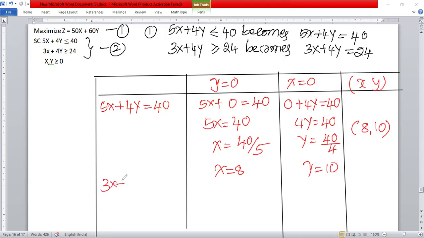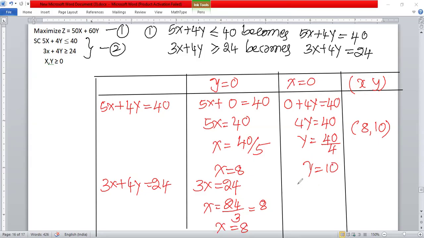Similarly, 3x plus 4y is equal to 24. But y is equal to 0. So 3x is equal to 24. Therefore, x is equal to 24 by 3. So 3 8s are 24. Therefore, x is equal to 8.